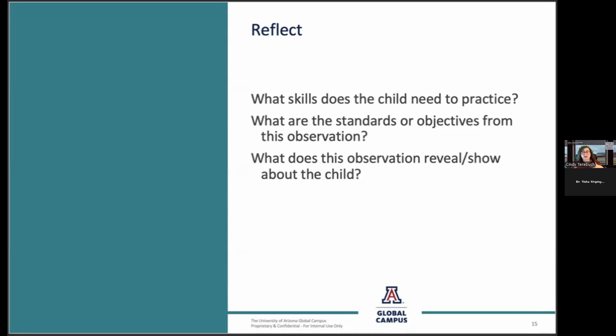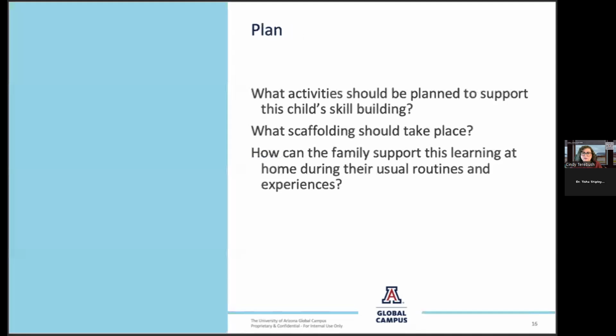So for that, if I'm working in a room of 3 and 4-year-olds, I would expect them to be progressing toward using their fingers with the scissors, and probably expect some of them to still have their thumbs down. But just because that's within the range of typical development doesn't mean I'm not going to work on it. I'm going to continue to practice fine motor with them. So what does this observation reveal and show about the child? That the child is at this particular level of fine motor development. And so then I have to think about, what am I going to plan?